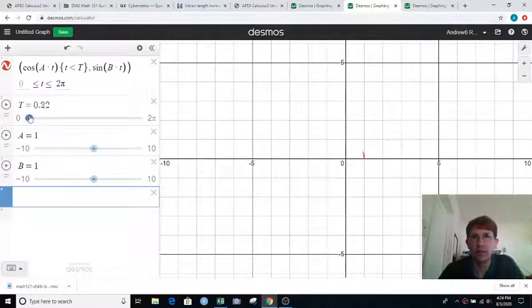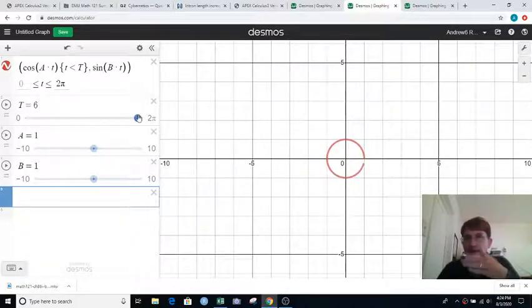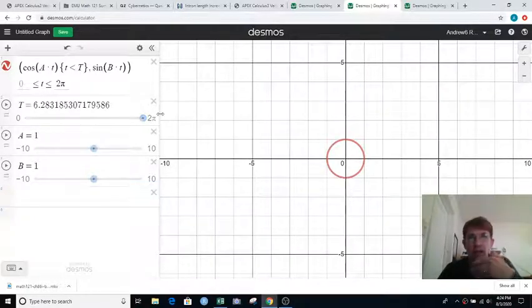So now if I increase T, you see I'm tracing out the unit circle in the positive radian direction. Here's basically 0 radians, here's pi over 2 radians, here's pi radians, here's 3 pi over 2 radians, here's 2 pi.